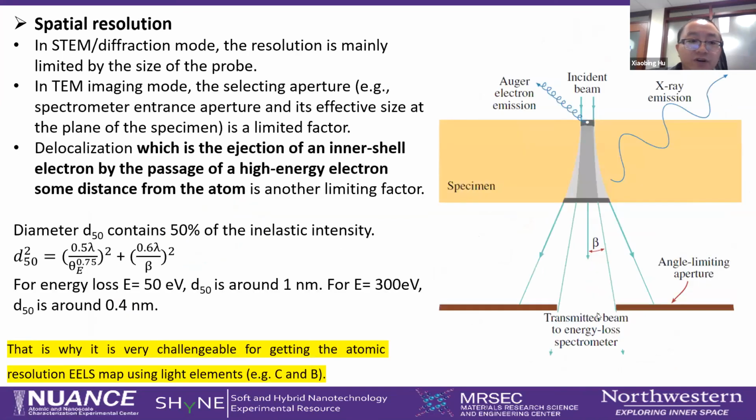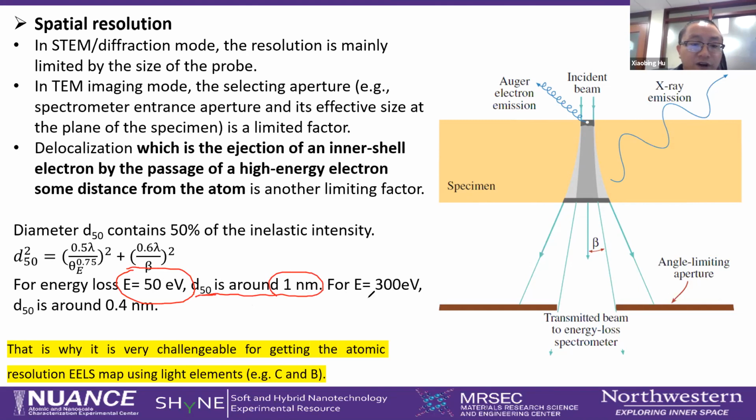Another thing is spatial resolution. It depends on your imaging conditions. One thing I want to point out is this. If your energy loss is very low, like 50 eV, the spatial resolution is about 1 nanometer, so the D50 is about 1 nanometer.